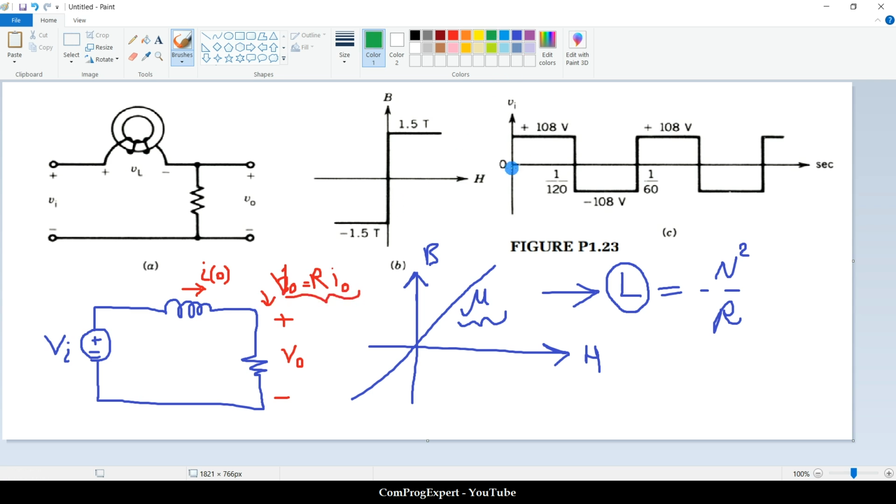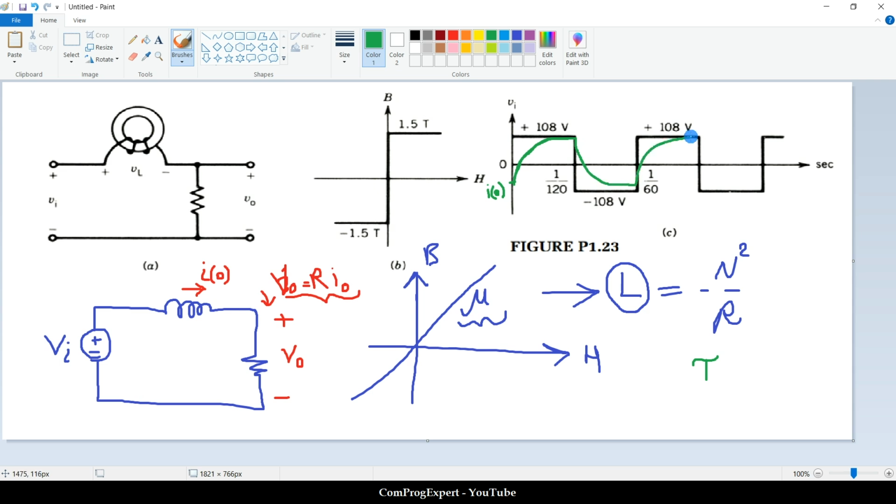So if we have this I0, when we apply positive DC voltage, we have a rise in the value of the current, depending on how much is the value of the time constant. And then when we apply this negative cycle, this is the value of the current waveform.